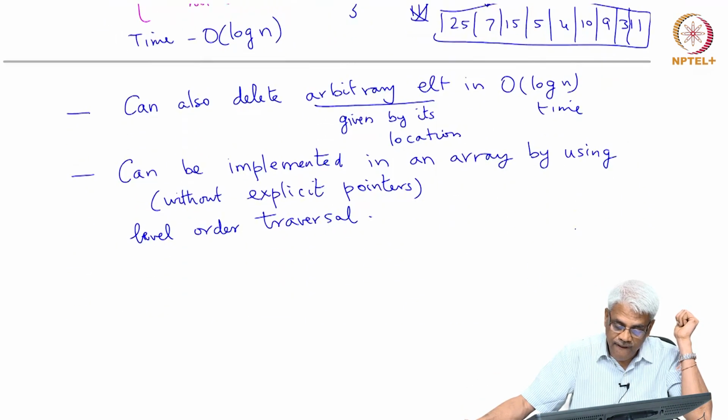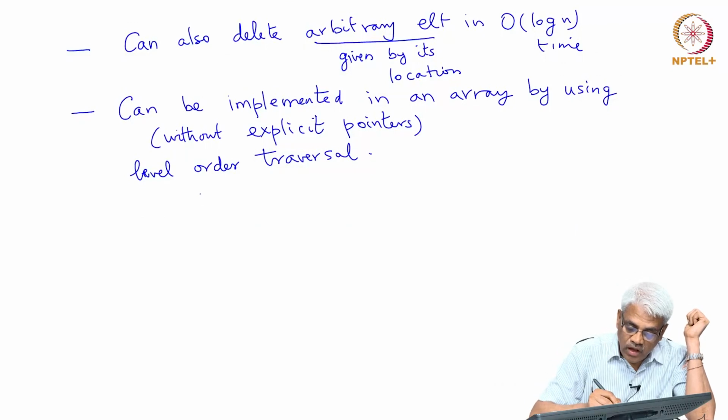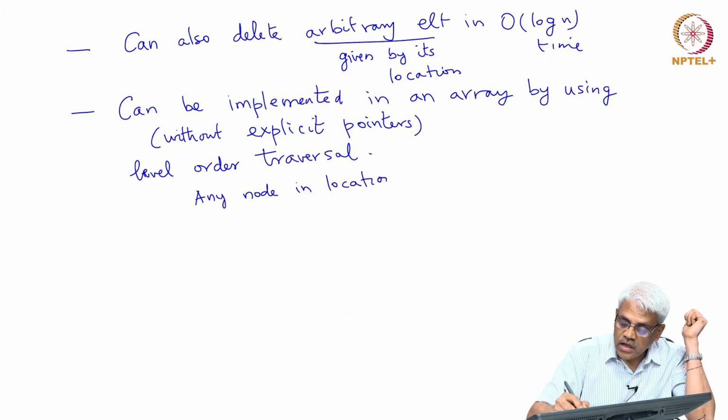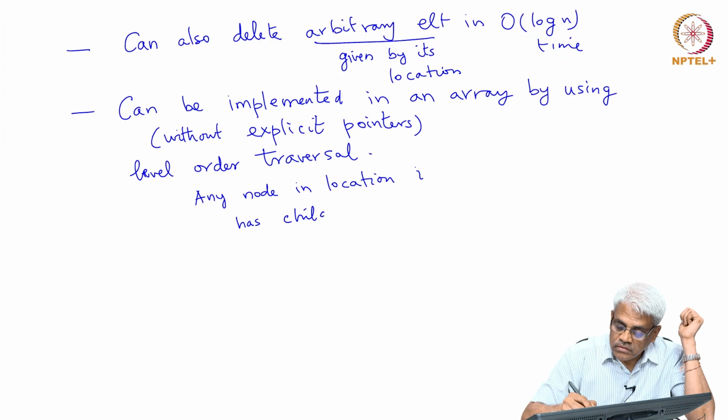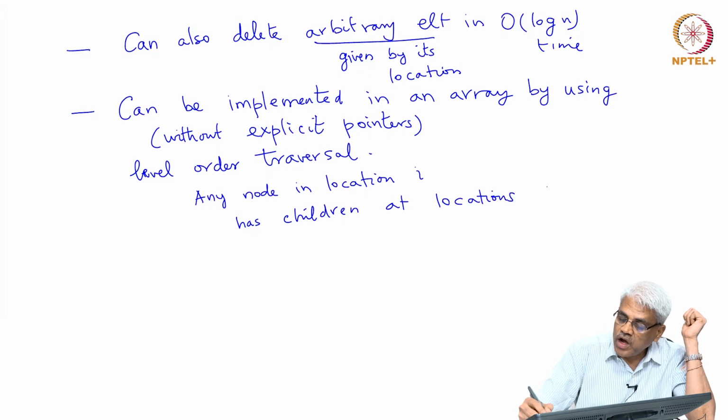In general, any node in location i has children at locations 2i and 2i plus 1.